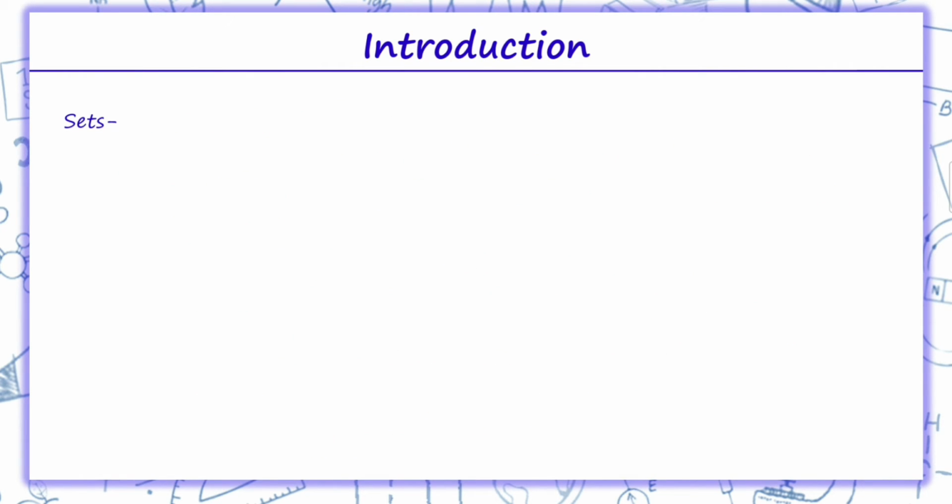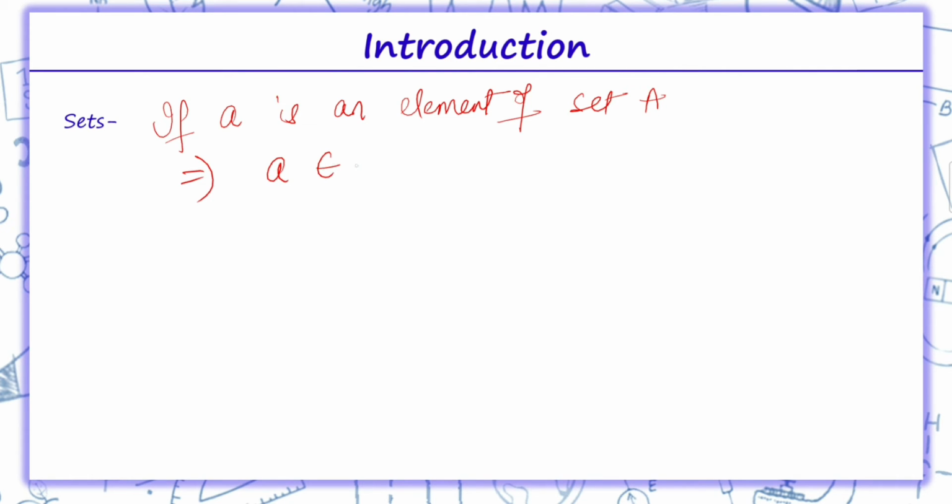Coming on to the next point. Now let's suppose if I say that a is an element of set A. So if I say this element belongs to set A, this implies we can write a belongs to set A. This is the sign of belongs to.